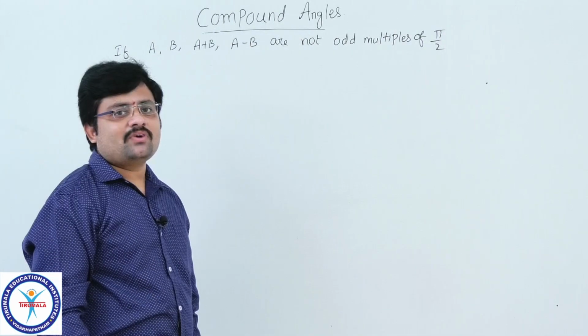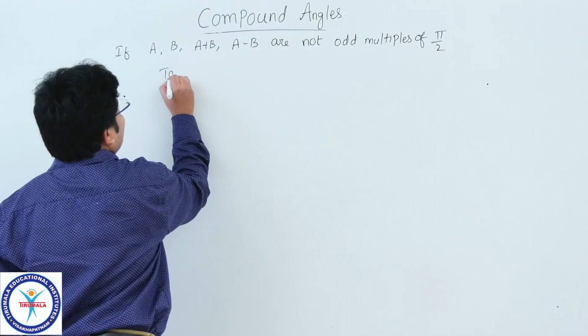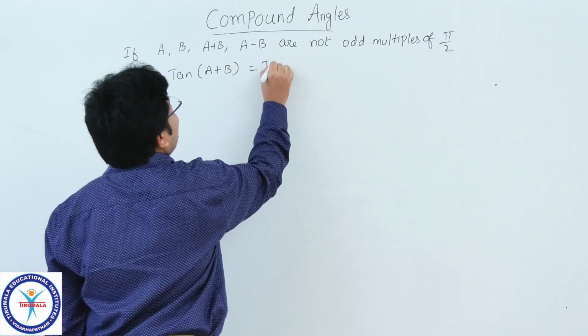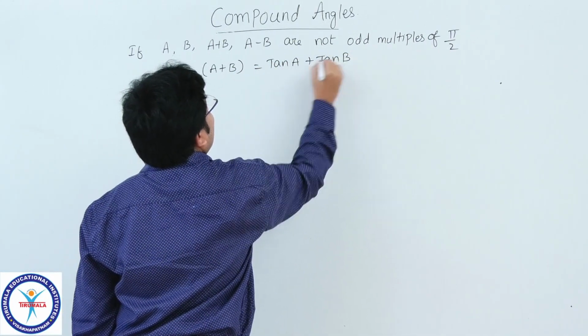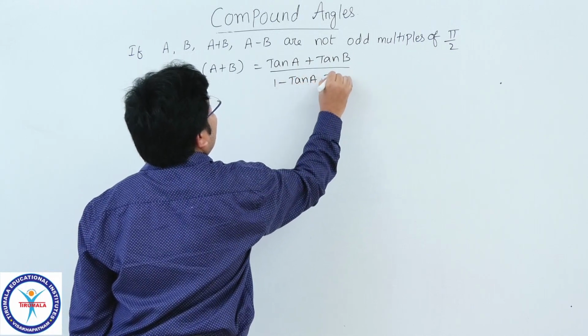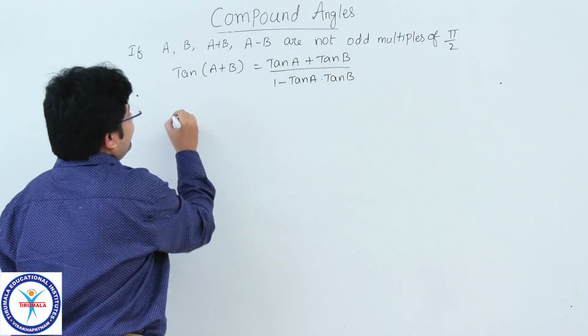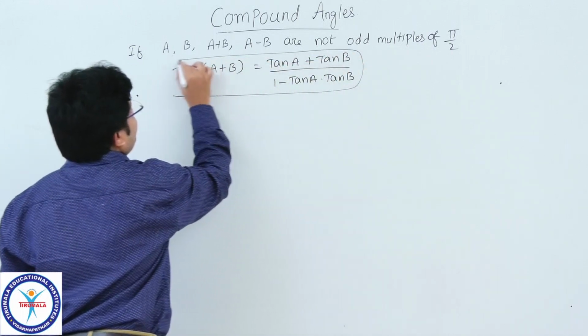Let us derive the formula for tan(A−B). Before that, tan(A+B) is equal to tan A plus tan B by 1 minus tan A into tan B. Now we have to find the formula for tan(A−B).